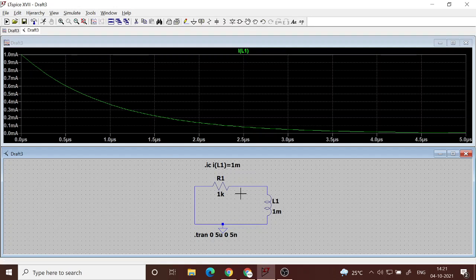Only difference is that for the given resistance and inductance value, the time constant is 1 microsecond rather than 1 millisecond. So that's why we are plotting the x-axis up to 5 microseconds, some 5 time constants, so that we see the waveform in a pretty neat manner. All the important parts are able to be observed properly.